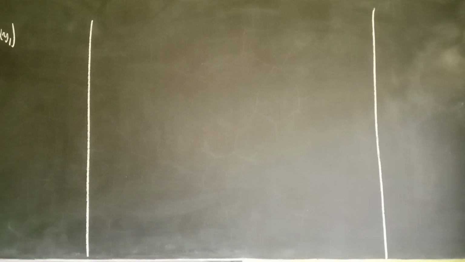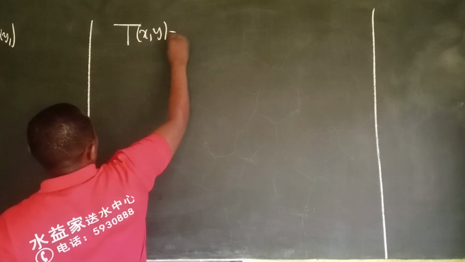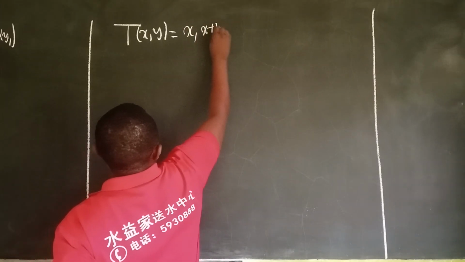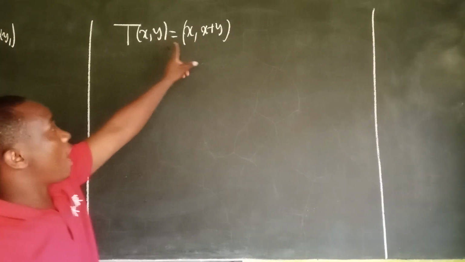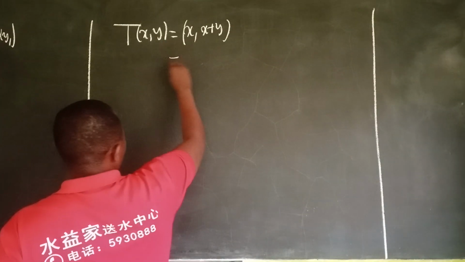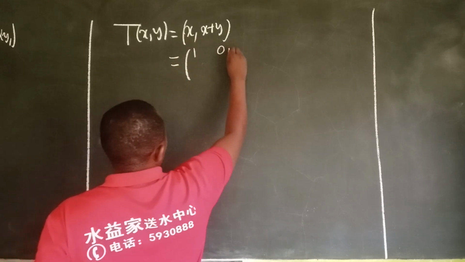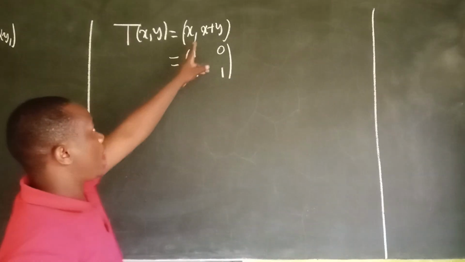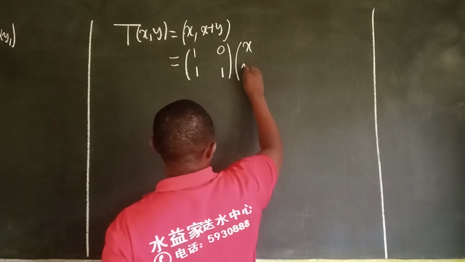Now we are going to find the inverse of this transformation. Have a look. To find the inverse of the transformation T(x, y), which is (x, x + y), we need to write this transformation in matrix form. This will be written as [1 0; 1 1]. We only write the coefficients of x and y and multiply by (x, y).